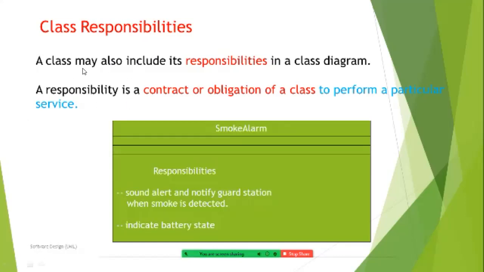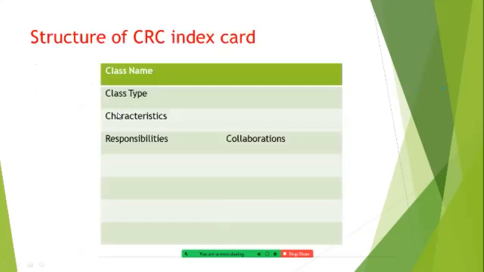This is a diagram where the smoke alarm's responsibilities are to sound an alert and notify the guard station when smoke is detected, and to indicate battery state. This is the structure of a CRC index card: class name, class type, characteristics, responsibilities and collaborations.